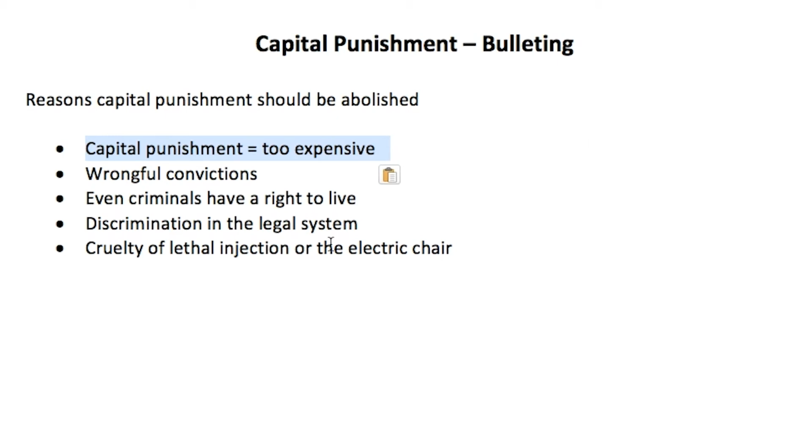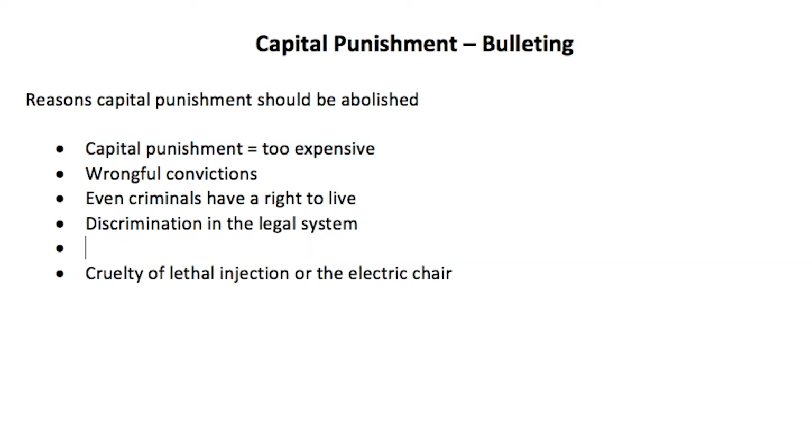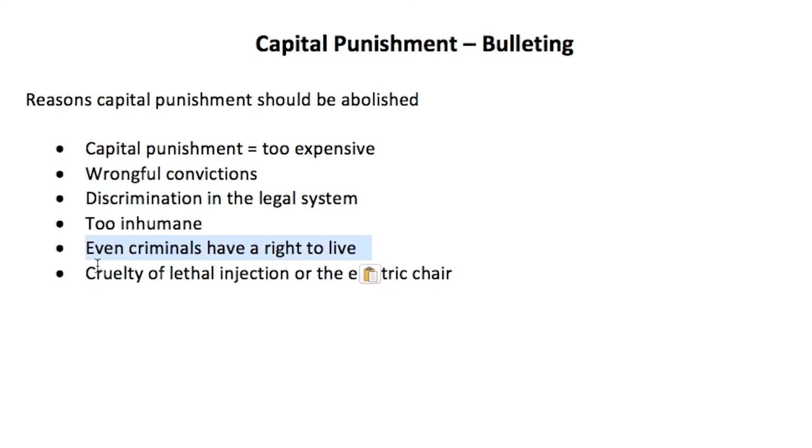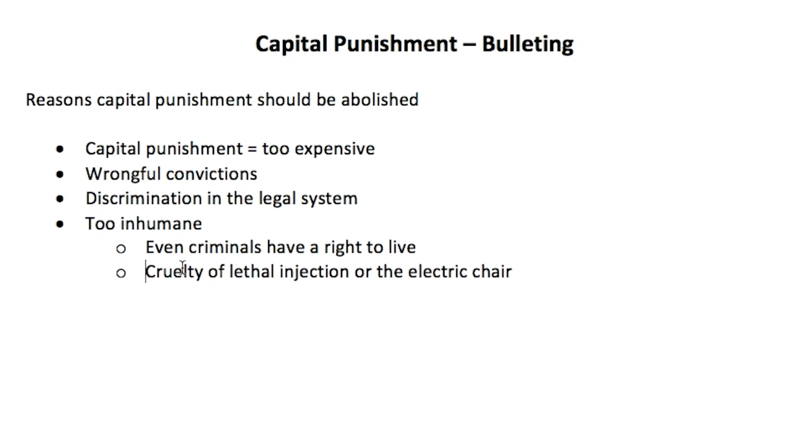So I think I might actually just add that as a subtopic. I'm going to say that it's too inhumane, and then put cruelty and criminals have a right to live under that. And so these two could just be kind of supporting points for this bigger subtopic.